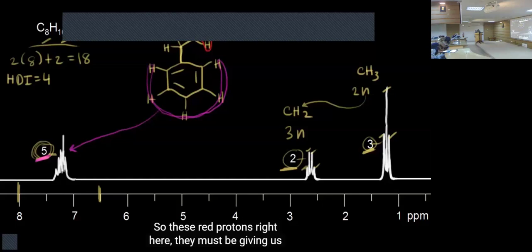Because of that, you will split into how many signals? N plus 1. N is 2, so 2 plus 1, how much? 3. So you will split into 3, because of the effect of your neighboring protons.